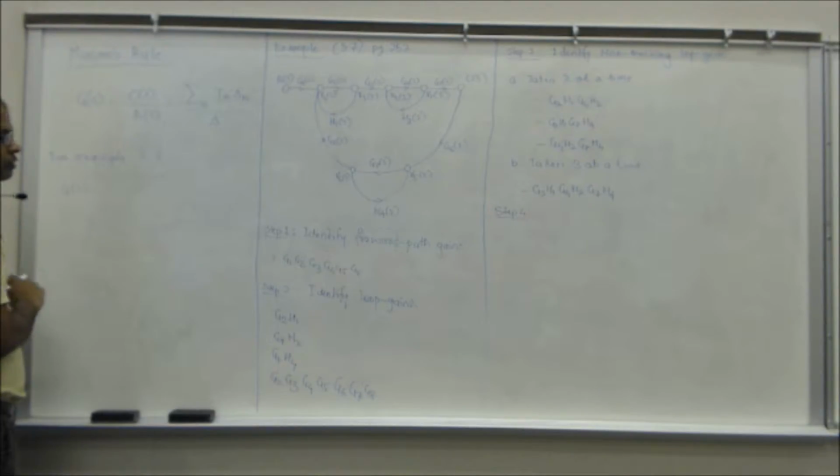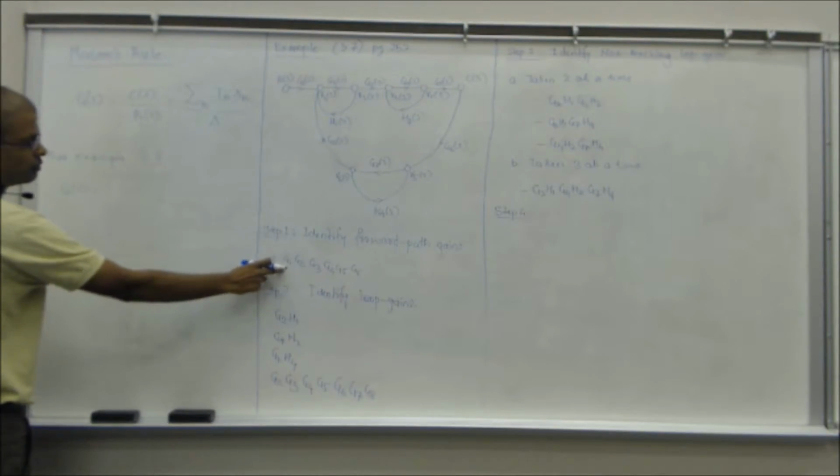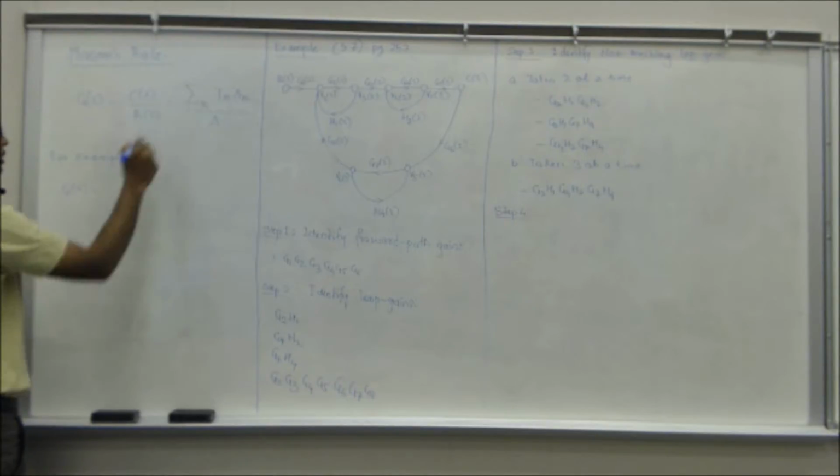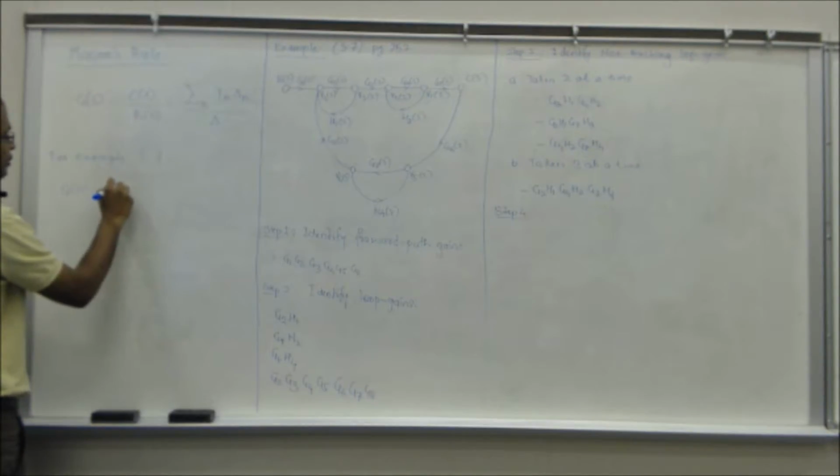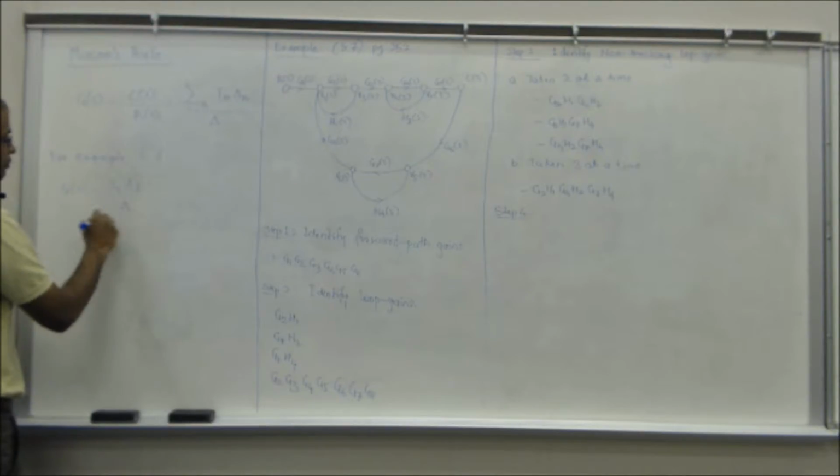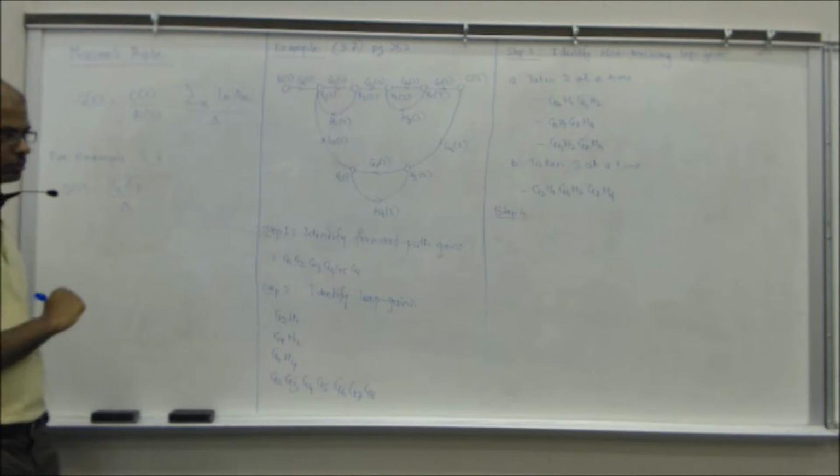The number of forward path gains, forward paths. How many forward paths are there? Just one. This is the forward path. Okay. So this thing would just be T1 delta 1 over delta.